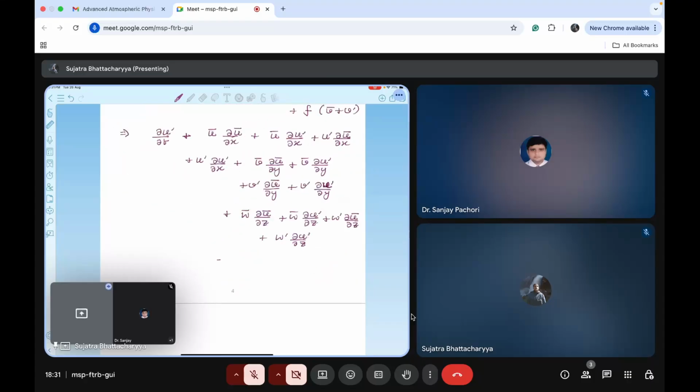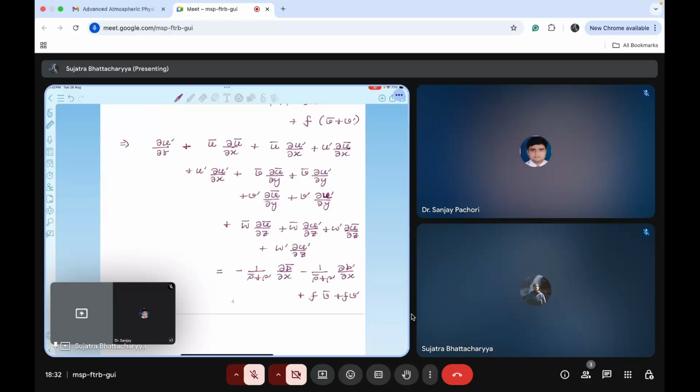This is the LHS. The RHS has minus 1 by rho bar plus rho dash times ∂p bar/∂x, minus 1 by rho bar plus rho dash times ∂p dash/∂x, plus f v bar plus f v dash. This should be the thing.